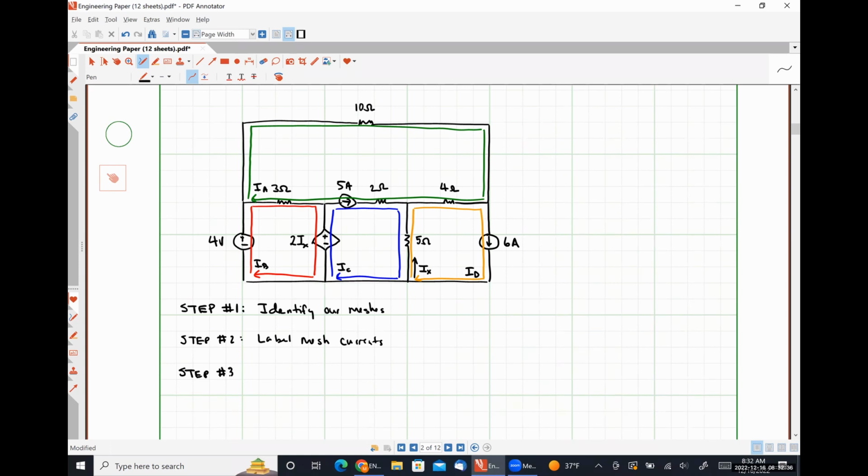Step number 3 will still be to express our controlling variables in terms of our mesh currents. This one should be a little bit easier than our last example.